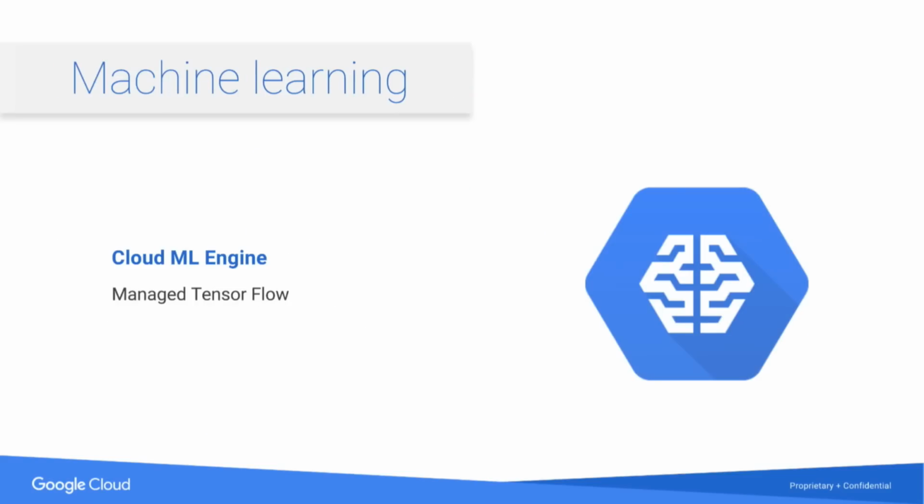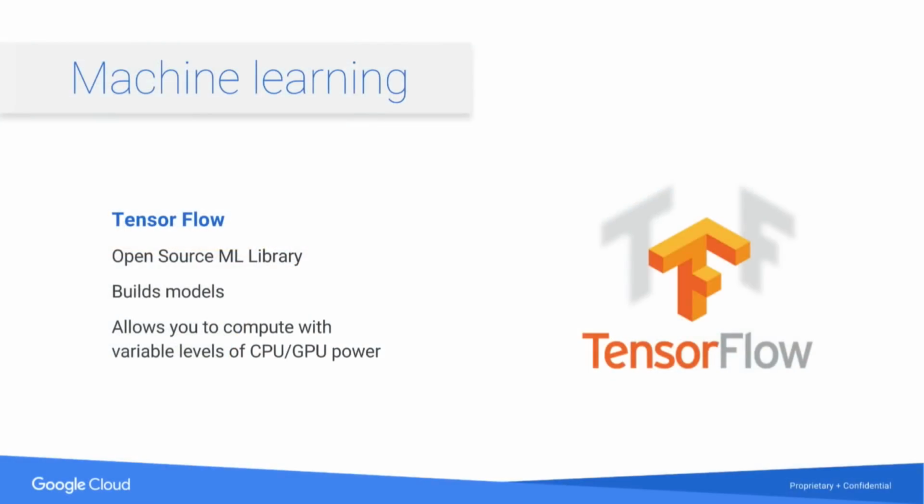But what happens if your model isn't covered or you want to create a custom model? Well, that's where Cloud ML Engine comes in, which is essentially managed TensorFlow. Of course, what flow, as Terence Ryan would say. TensorFlow is an open source machine learning library that has its roots inside Google engineering, once again, and enables you to build your own models and train those models for your own needs.